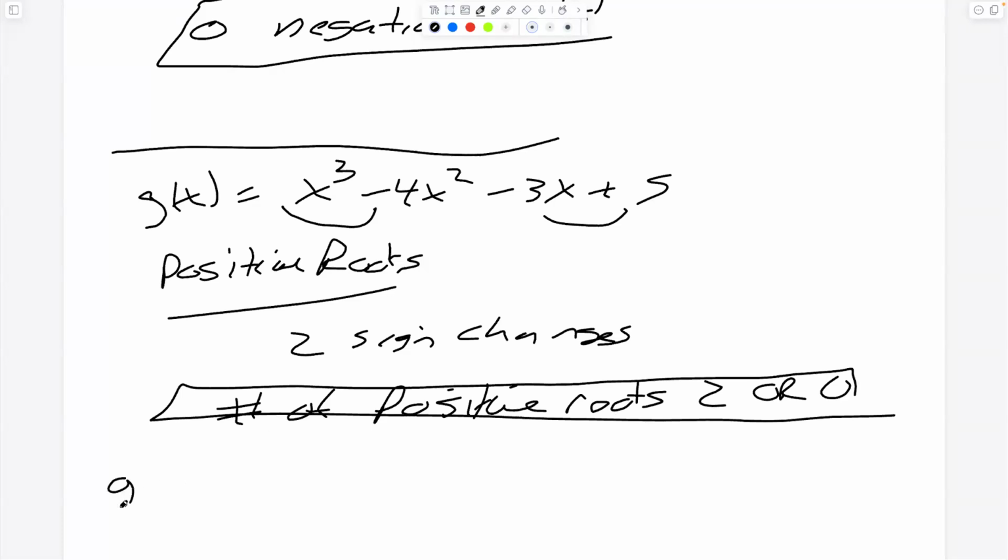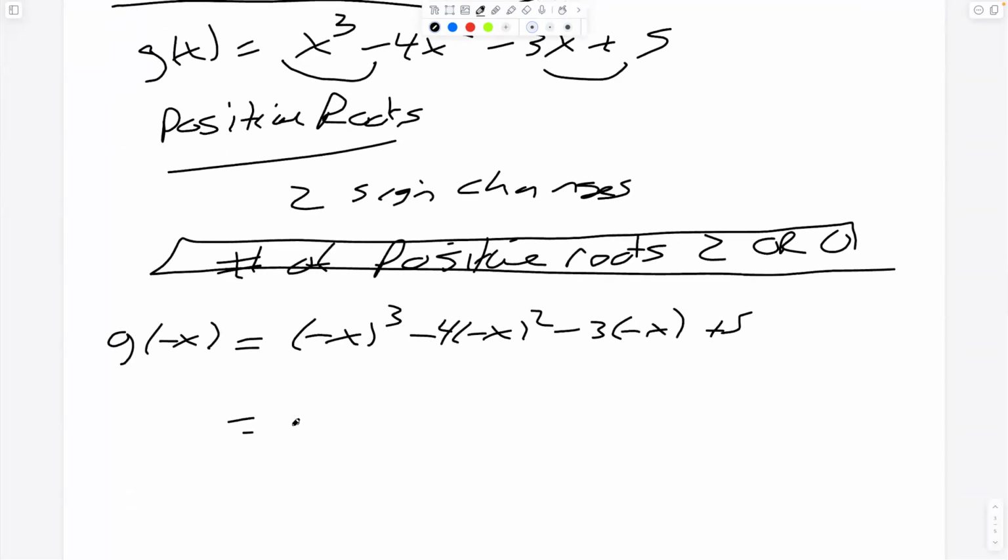All right, now we replace all the x's with a negative x in parentheses. So we get negative x cubed minus 4x squared plus 3x plus 5. Negative, negative, because this negative gets killed by the square, but that negative there comes along for the ride.